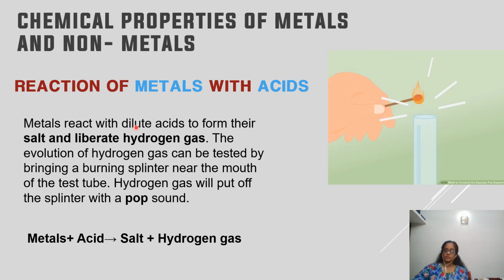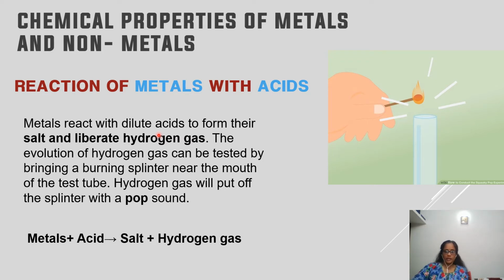Dilute acids. I don't know if you heard this word before. Anyway, metals react with dilute acids to form their salt and liberate hydrogen gas. I told you, concentrated acids like hydrochloric acid and sulfuric acid are very strong. So when this acid is poured into water, we can dilute it.